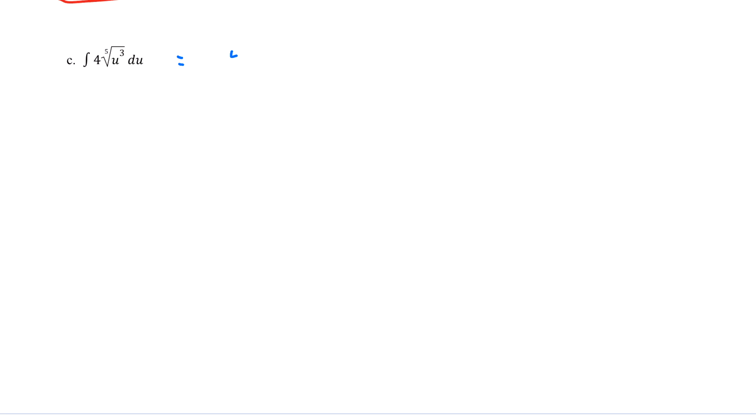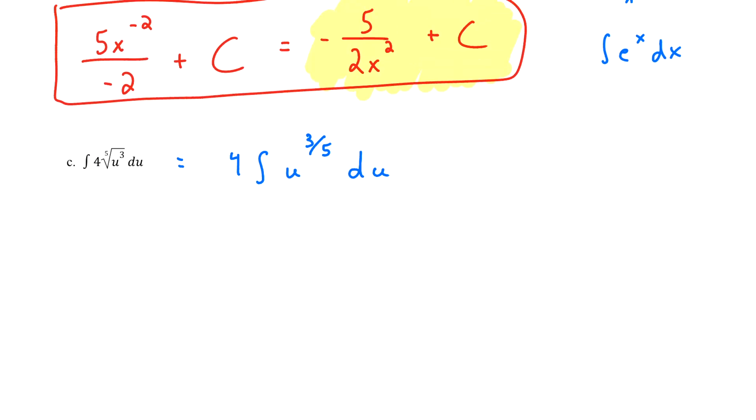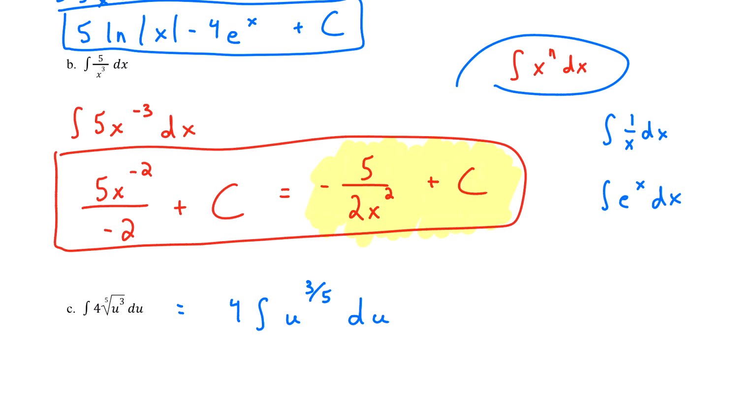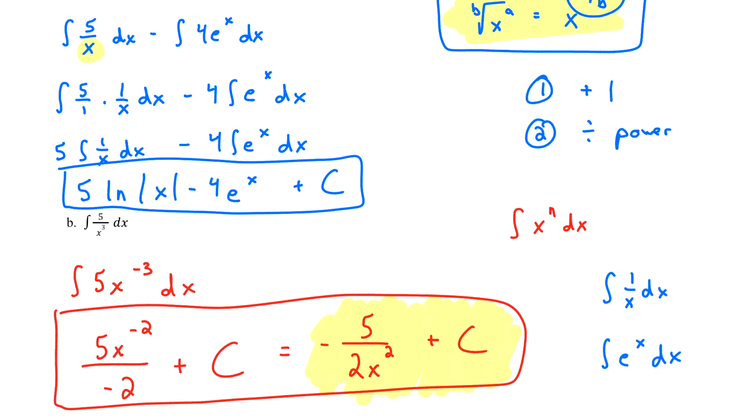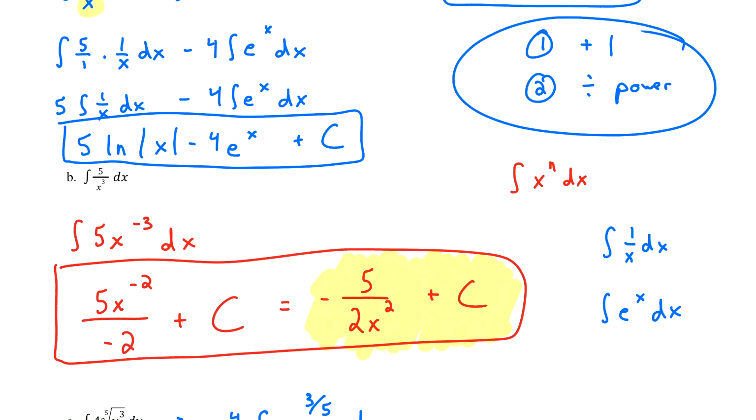And then I'll write this as u to the 3 divided by 5 power du. So now this looks a lot more like x to the nth, which means we're going to be using our power rule. That means that we want to add 1 to the power and divide by the power.